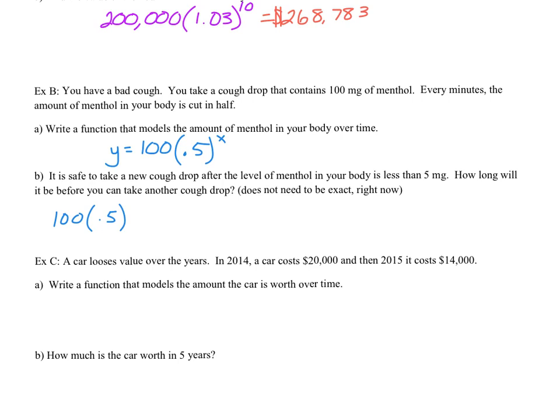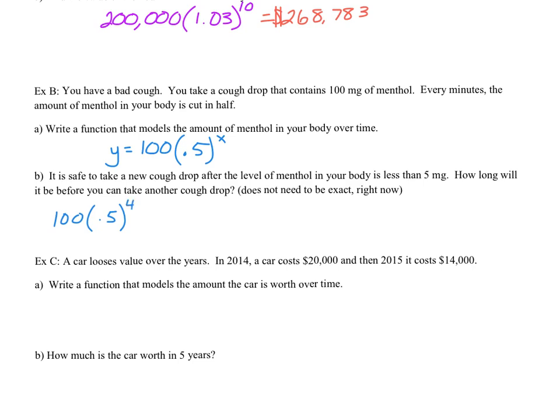Okay, sorry, I hit pause there for a second. So we want to use guess and check, so let's put in 2 and see what it gives us. When I do that, it gives me 25. That's still greater than 5, so we don't want that. So I'm going to erase that and put in 4.